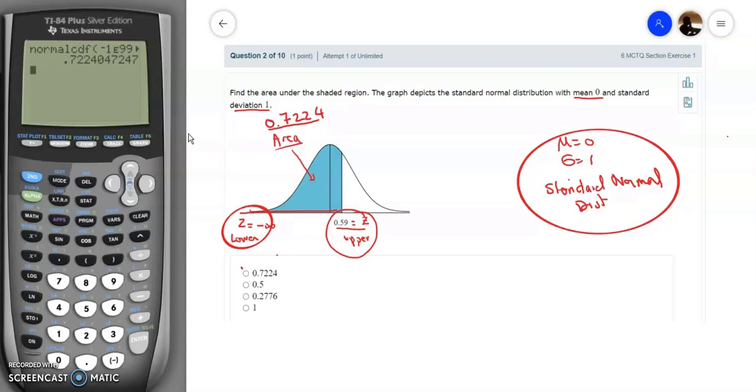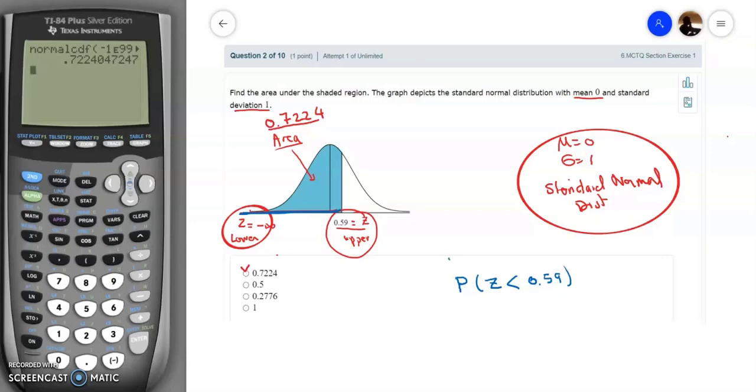Now, how can I write it mathematically? Of course, the answer would be this. The way to write it down is you have to describe the z. The z extends from minus infinity to 0.59, so I can write the probability of z less than 0.59. That's the inequality of the z.